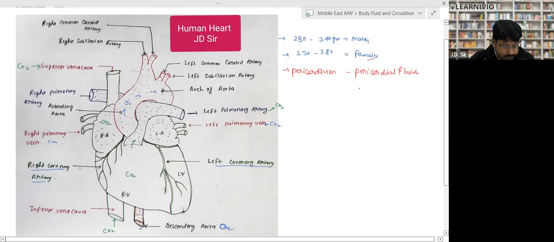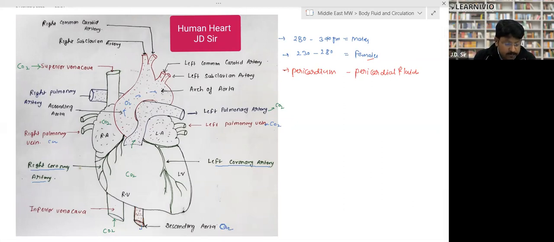Full stop. It protects the heart from shock and it allows free movement, that means contraction and relaxation.